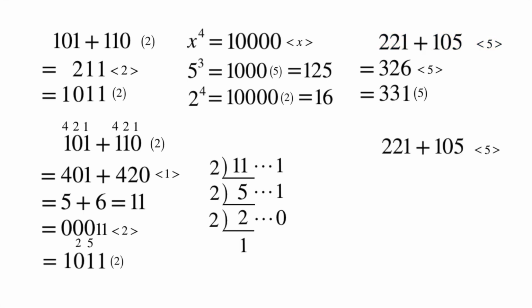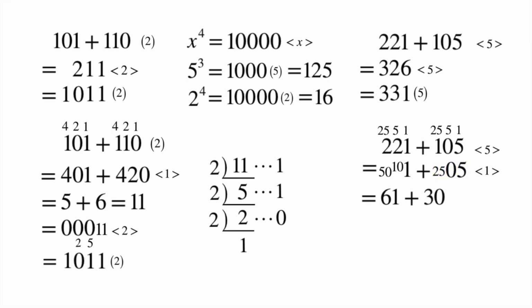Don't make it in decimal, giving expo 5, unless asked to do so. It takes time. 91 divided by 5. 18 divided by 5.